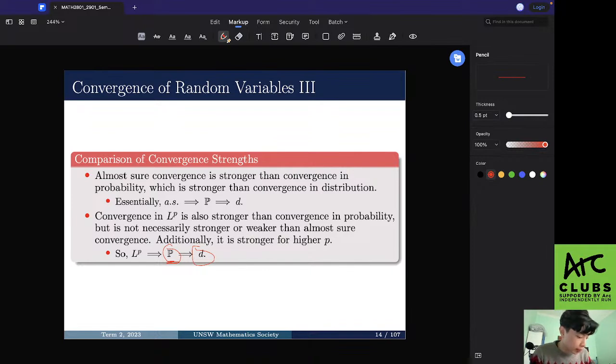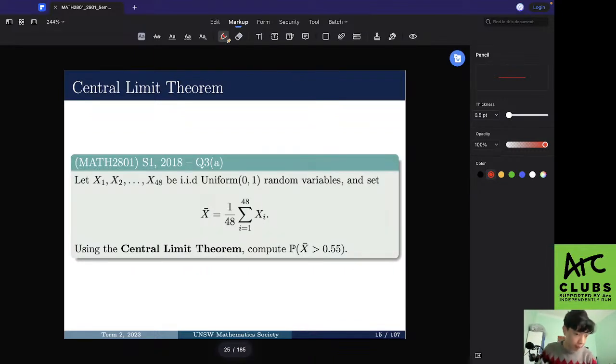We also know that almost sure convergence and convergence in LP are both stronger than convergence in probability, which means if we know that a sequence converges almost surely, then we know it converges in probability. And if we know that it converges in LP, then we know it converges in probability. The other thing is, if we know that something converges almost surely, we don't actually know whether it converges in LP or not, and vice versa.